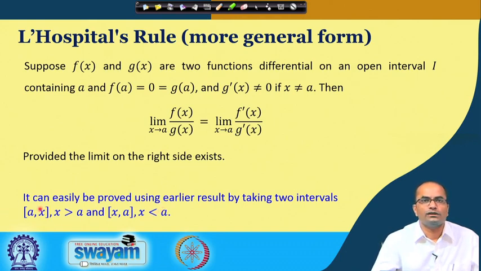So, in these two intervals we will apply the previous result, which will establish the limit as x goes to a plus, and then when we apply that result to the other interval, we will get the limit as x goes to a from the negative side. So, both the limits from the right side and from the left side will give the same result, which will conclude that the limit as x goes to a of f x over g x is equal to the limit as x goes to a of f prime over g prime x.